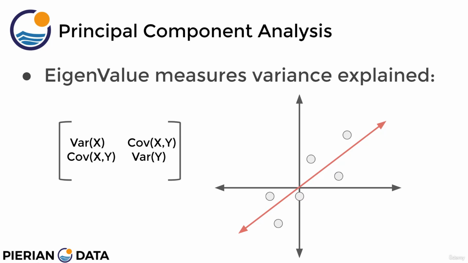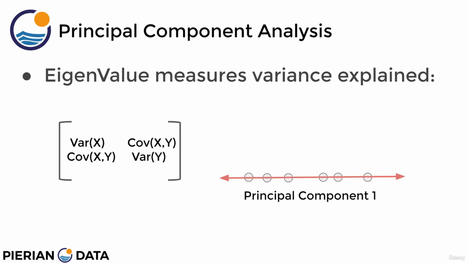For example, if we wanted to reduce from 2 dimensions to 1 dimension, we would grab the principal component after we sorted it based off the eigenvalue. So we would choose the one with the greatest eigenvalue because that's the one that explains the most variance. And then we would project the original data points onto that new eigenvector, and that's our first principal component. And now we've gone from 2 features to 1 principal component, otherwise saying from 2 dimensions down to 1 dimension.